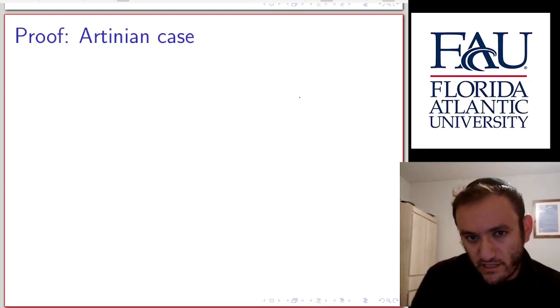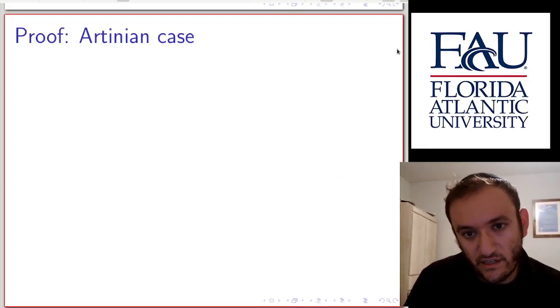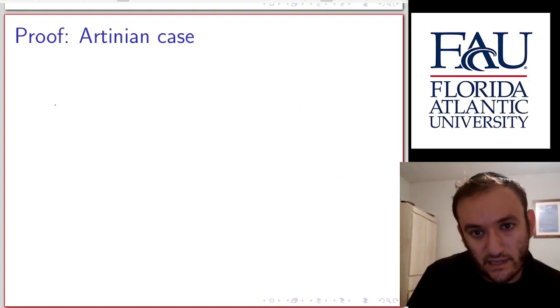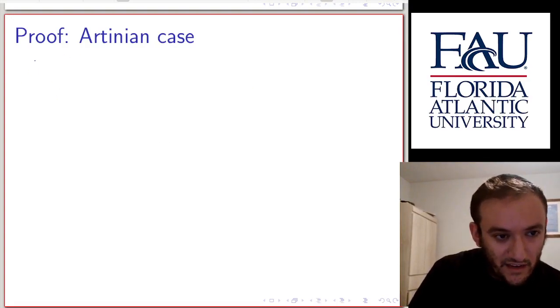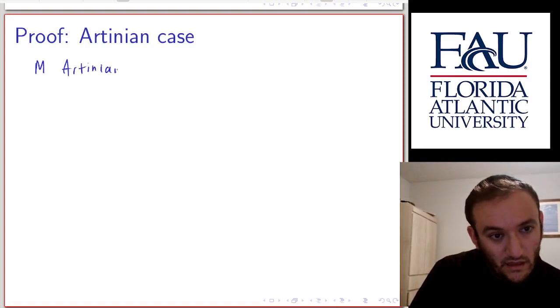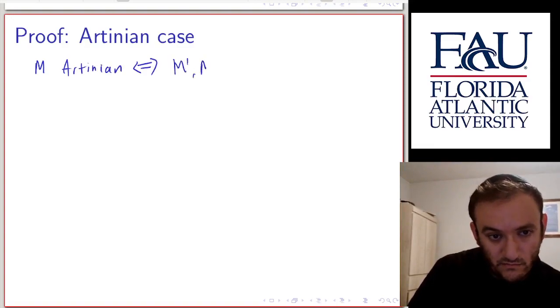So let's prove the Artinian case. You can check the Noetherian case in the text of T. M. MacDonald. So we want to show that M is Artinian if and only if M prime and M double prime are Artinian.